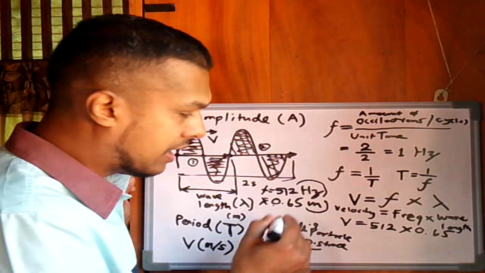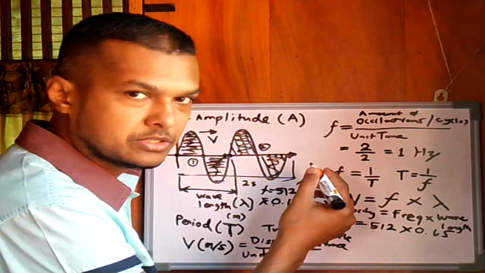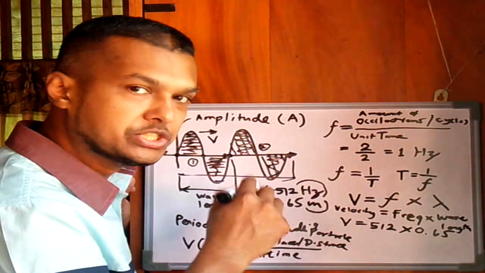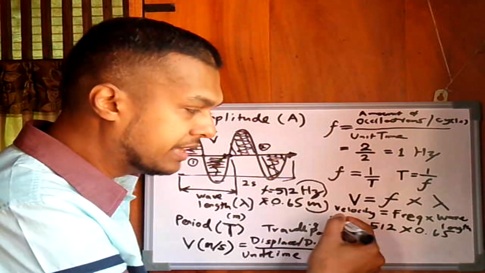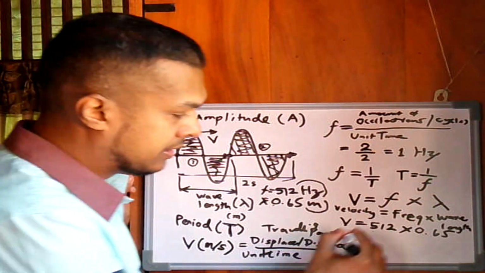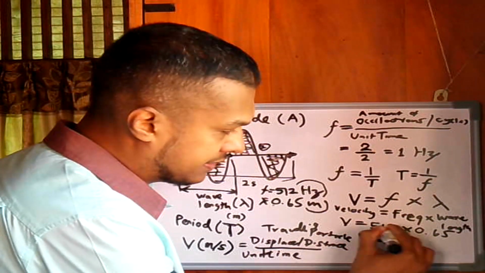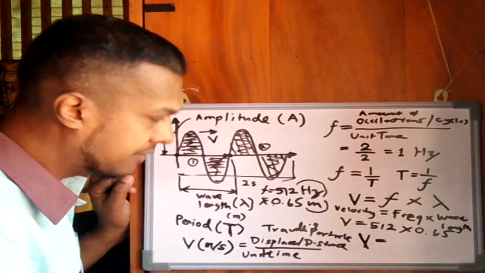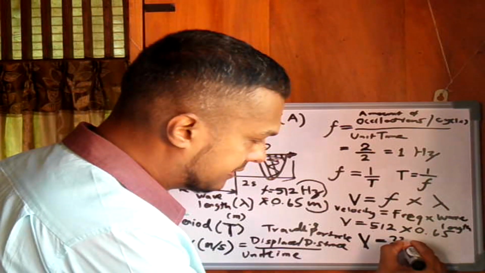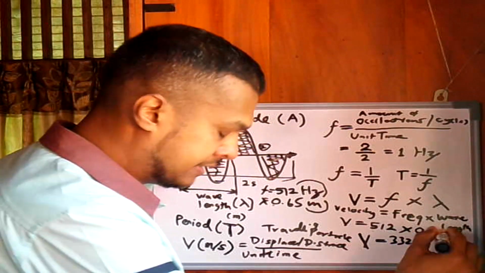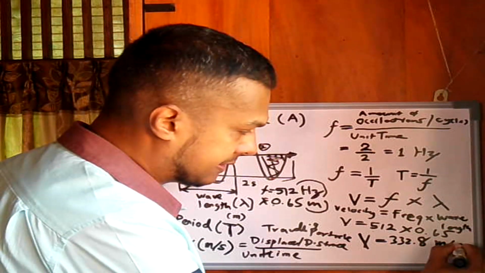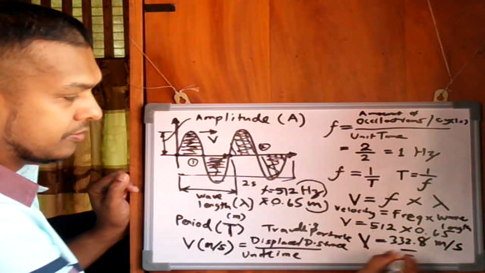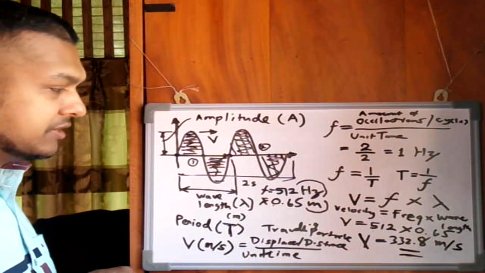If these units are centimeters or megahertz or kilohertz, then we need to change them back to hertz and meters before we apply them into the formula. So v equals 512 times 0.65, which is 332.8 meters per second. So that is the speed of the wave.